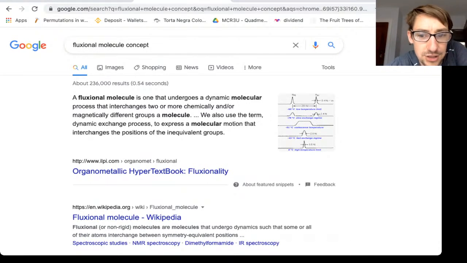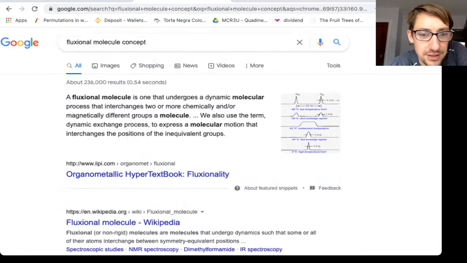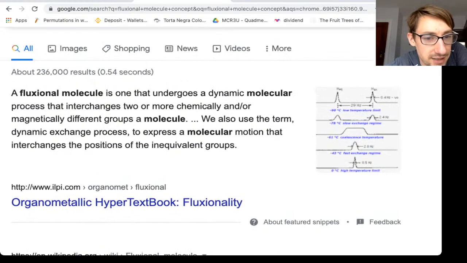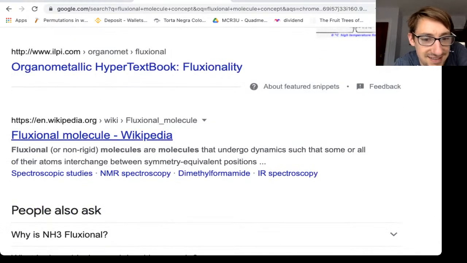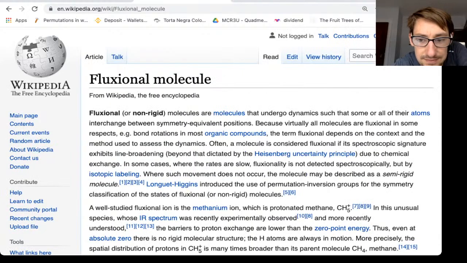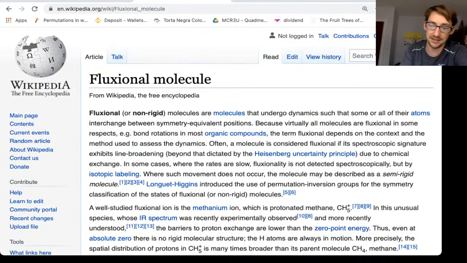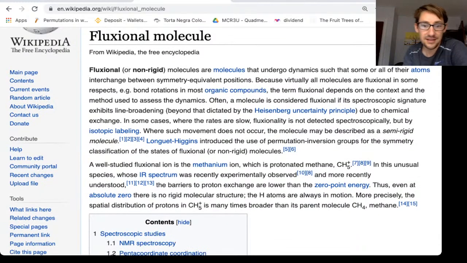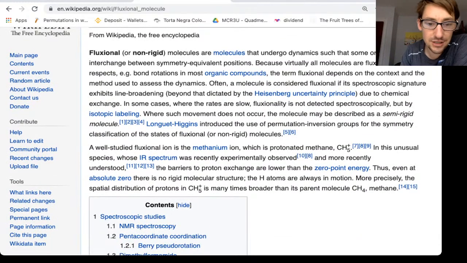A fluxational molecule is one that undergoes a dynamic molecular process that interchanges two or more chemically or magnetically different groups. What does that mean? A molecule is fluxational if its spectroscopic signature exhibits line broadening. Wow! Methanium CH5+.